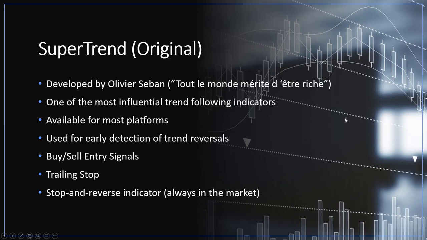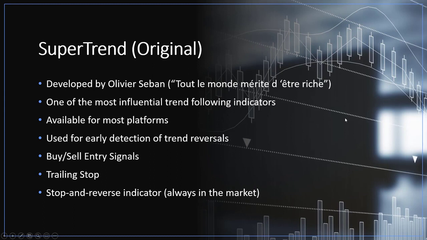So this book is about trading and how to become a profitable trader. And one of the key contributions of Olivier Seban was the SuperTrend indicator. It is one of the most influential trend following indicators out there, again available for most trading platforms. What this indicator allows you to do is to find trend reversals early on.